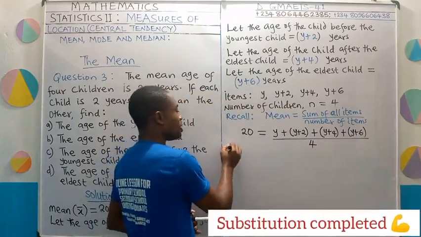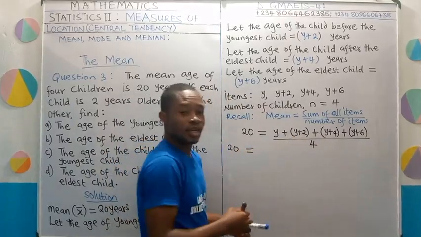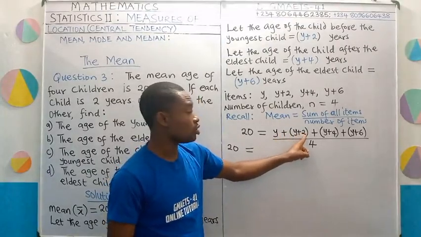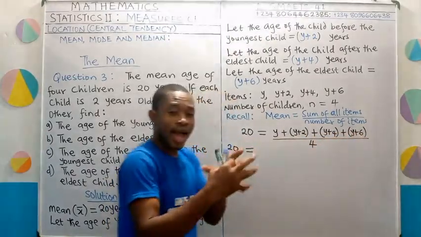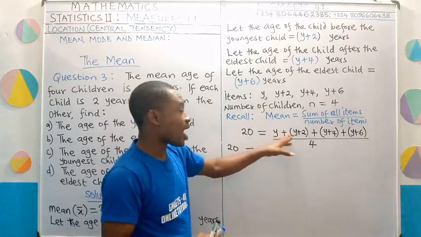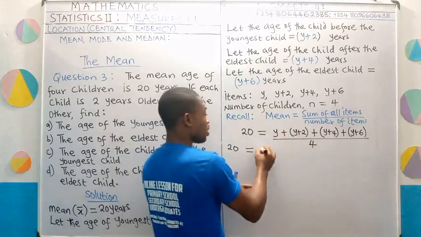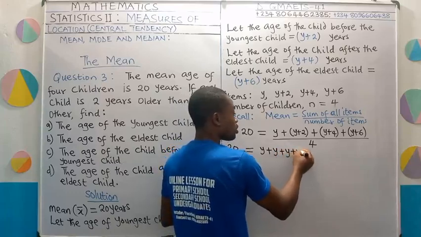So what will I do here? This becomes 20 equal to, let us add up this. If you remove this bracket, you get y plus 2 plus y plus 4 plus y plus 6. So you can add the like terms. Our like terms are y there, then the numbers are also like terms. So this is going to give us y plus y plus y plus y.